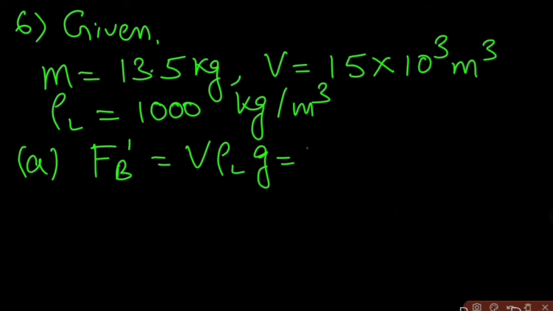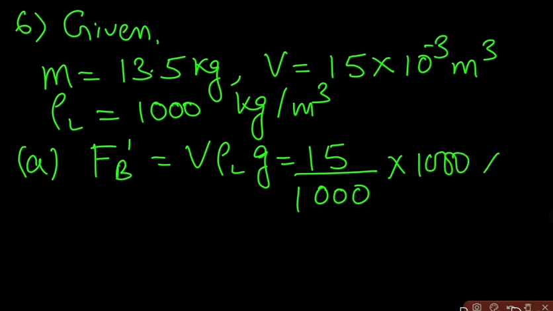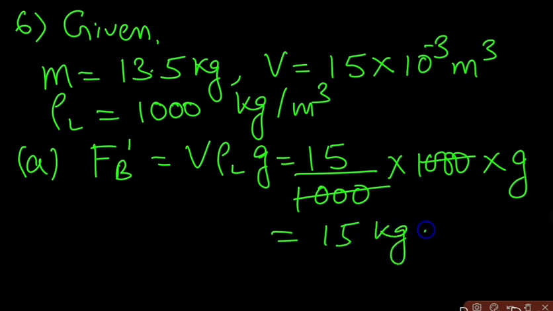Putting the values of V, which is 15 multiplied by 10 to the power minus 3, so 15 upon 1000 multiplied by 1000 multiplied by G. After calculating, we shall get 15 kilogram force.